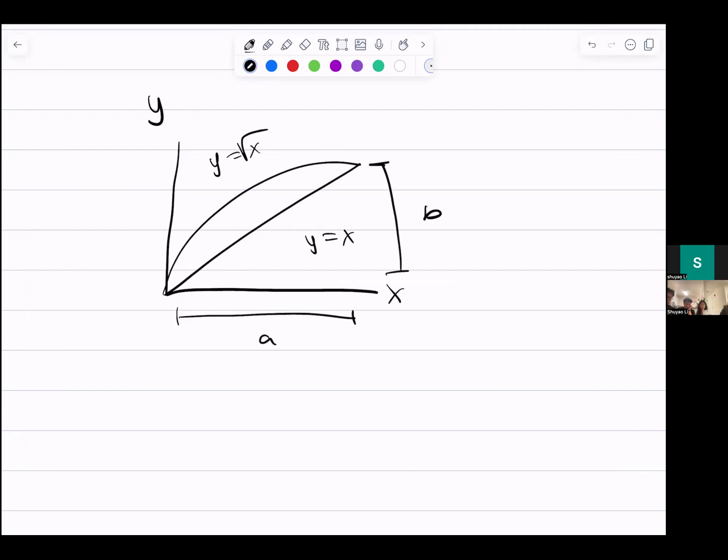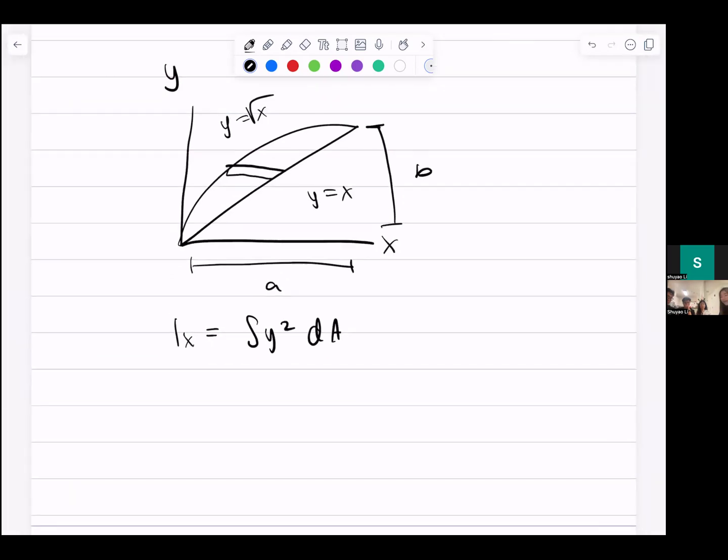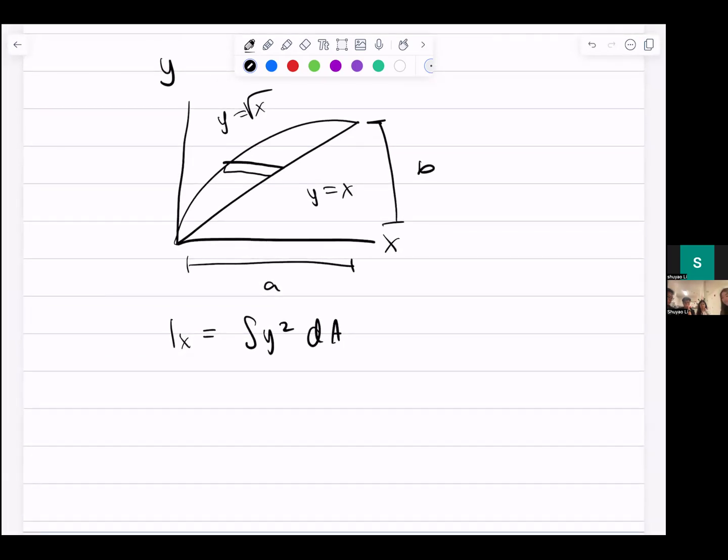The parallel axis theorem does not come into play here, not right now. That only comes into play when we have composite bodies. But the moment of inertia about the x-axis, this is the general form. So when we are finding about the x, we always want to take a horizontal slice. So that's gonna look like this.